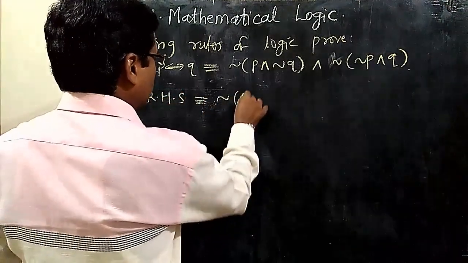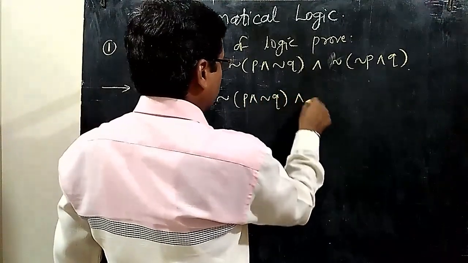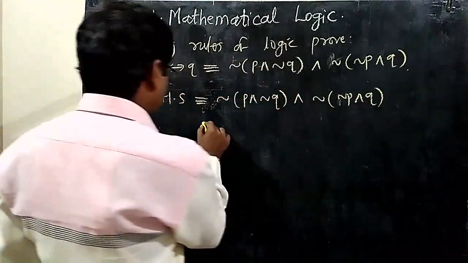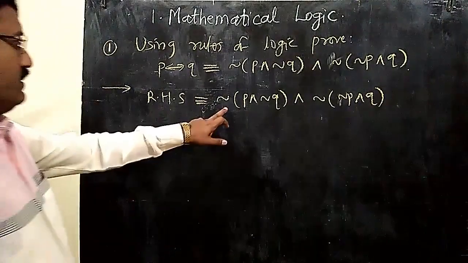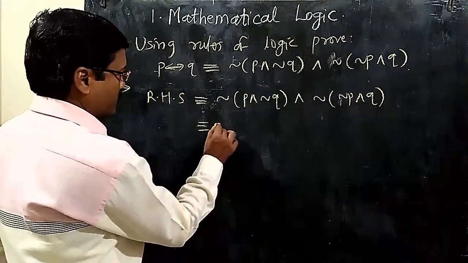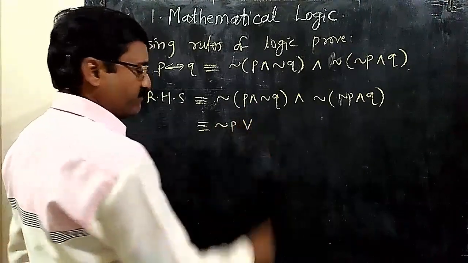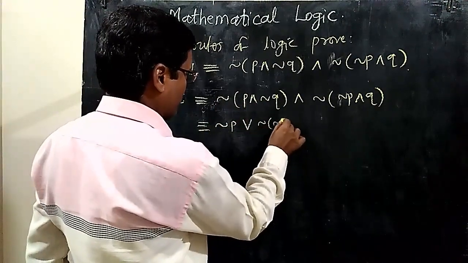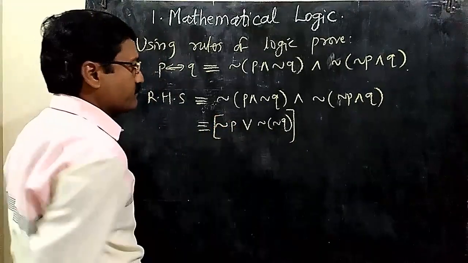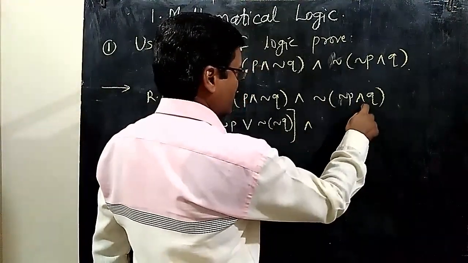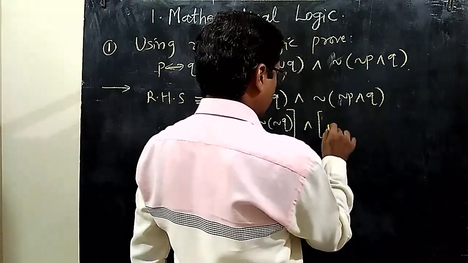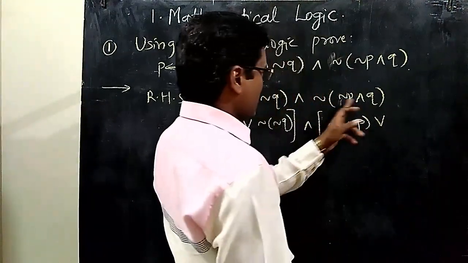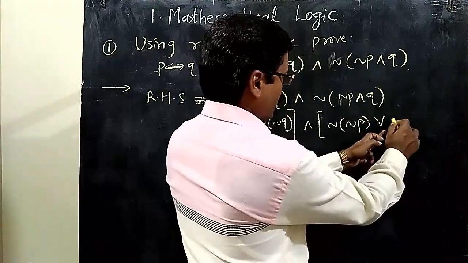RHS is negation of P and negation Q and negation of negation P and Q, and it is equivalent to, we can apply negation over this conjunction, so we get negation P, due to this conjunction becomes disjunction, and negation of Q. This is the first bracket, and applying this negation over this conjunction, we get double negation of P. This becomes or, due to negation this conjunction becomes disjunction, and negation Q.